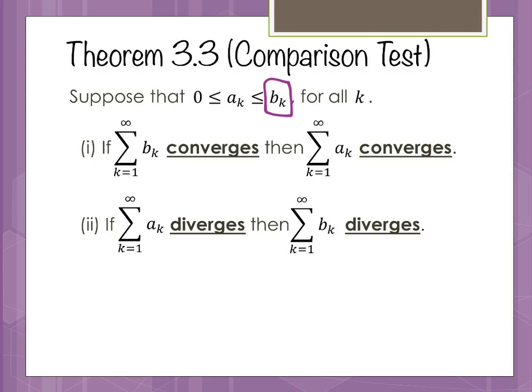And likewise, if we knew that the smaller one, a_k right here, diverges, if it goes to infinity, and I've got something that's larger than it, well, obviously it would go to infinity as well. So it seems like a very reasonable argument.